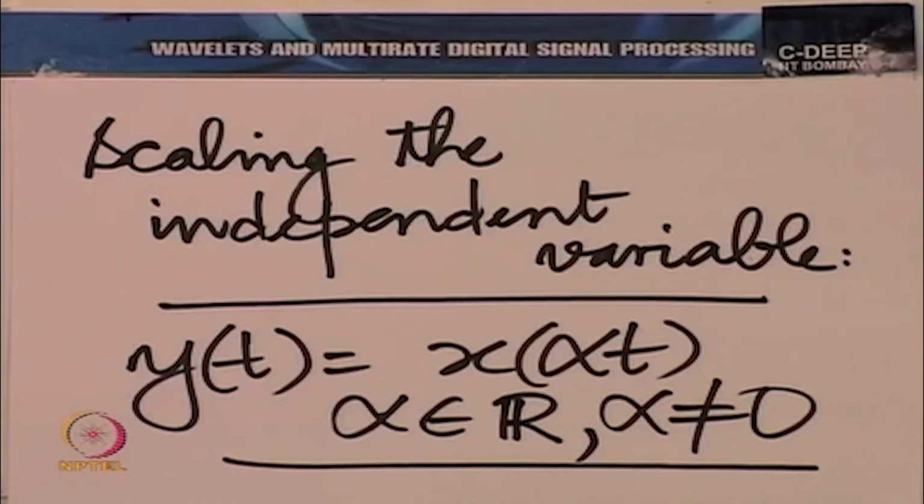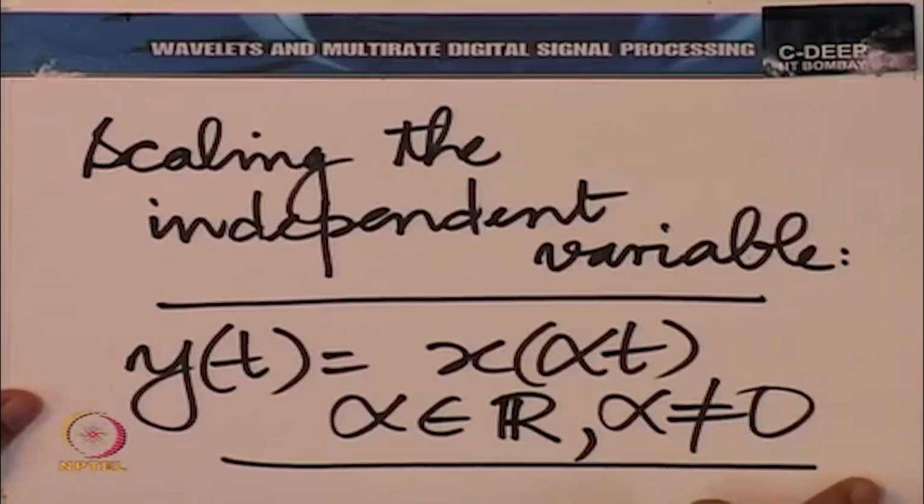Now, we know what happens to the Fourier transform in this. So, you will recall that when we scale the t variable by alpha, the Fourier variable capital omega is scaled by 1 by alpha, but there is also a 1 by mod alpha factor that emerges outside.